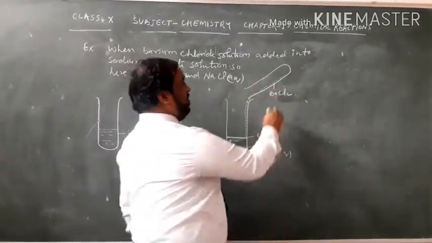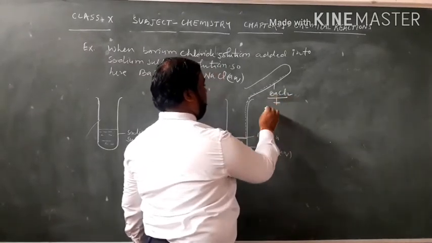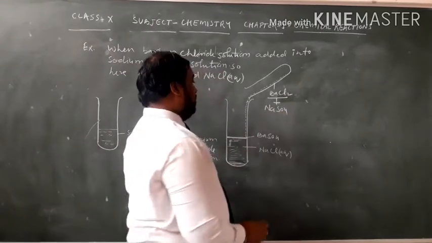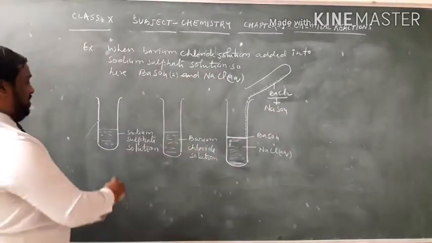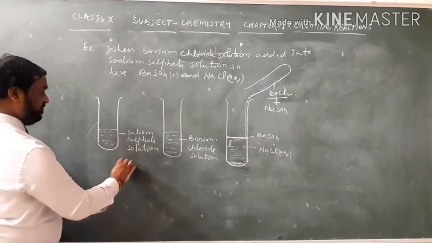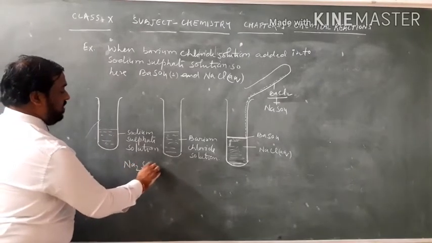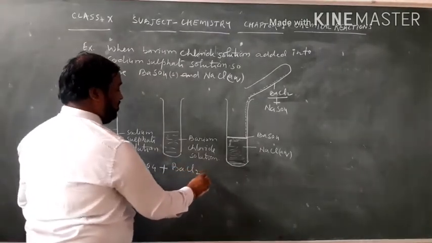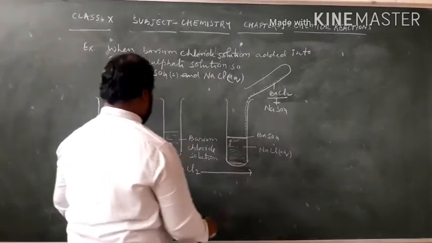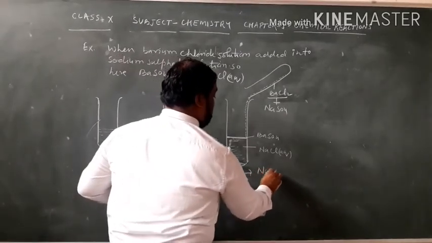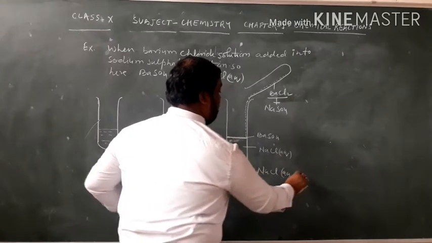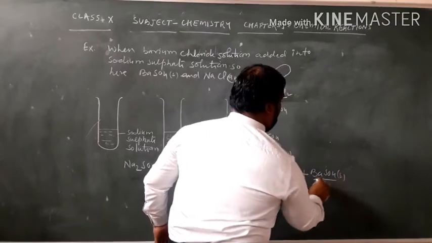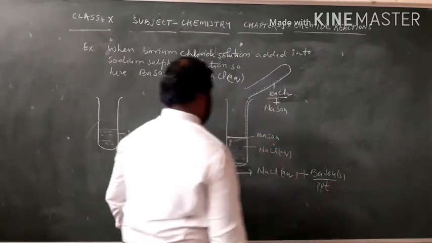So when mixing barium chloride plus sodium sulfate, so dear student, whenever Na2SO4 reacts with BaCl2, it forms NaCl aqueous plus barium sulfate solid as a precipitate.